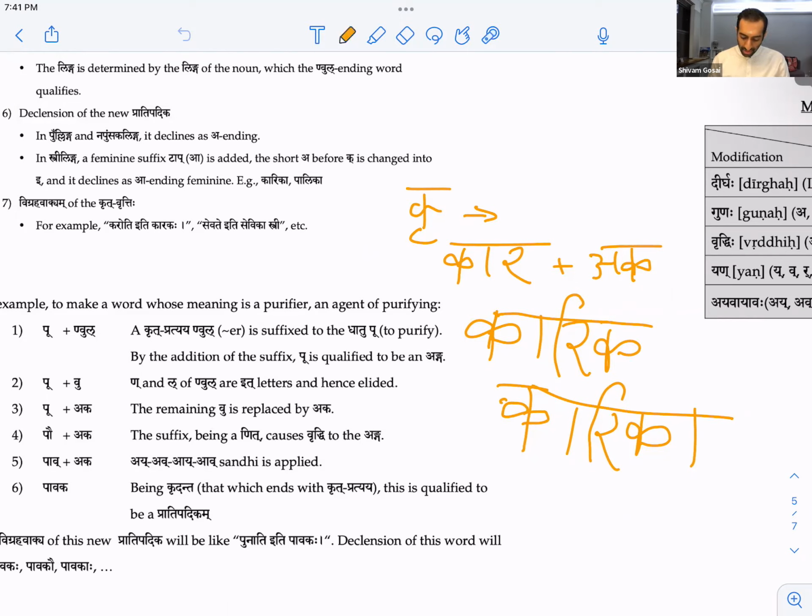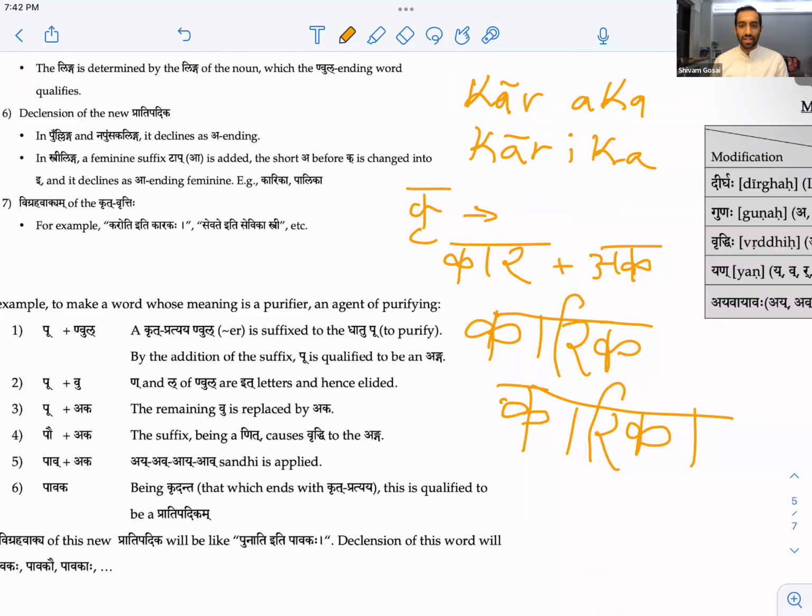if I write out karaka, now this akara before the ka becomes i.